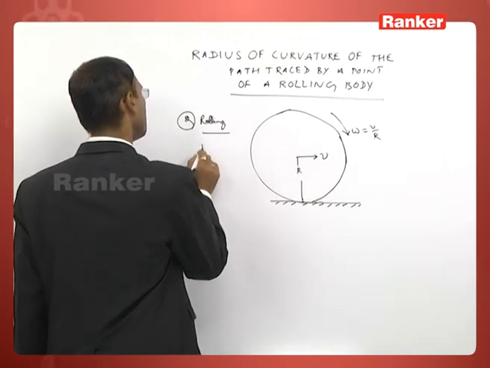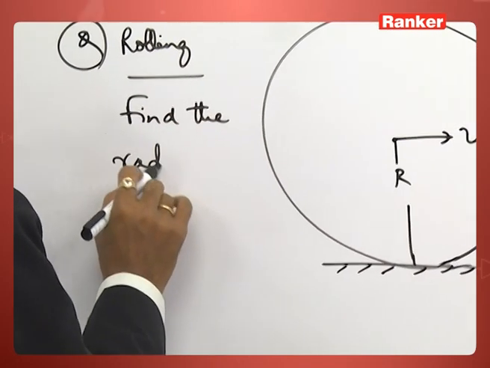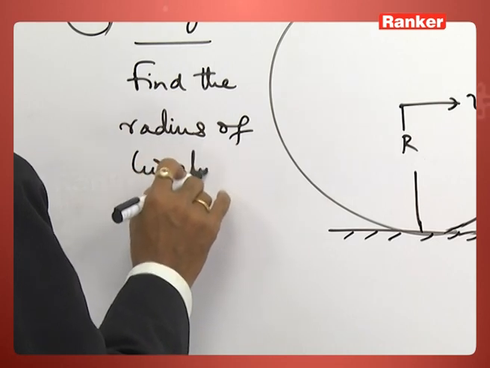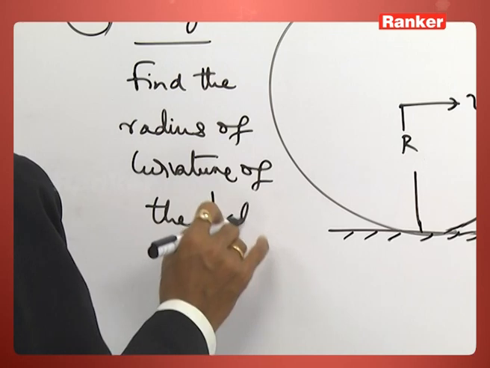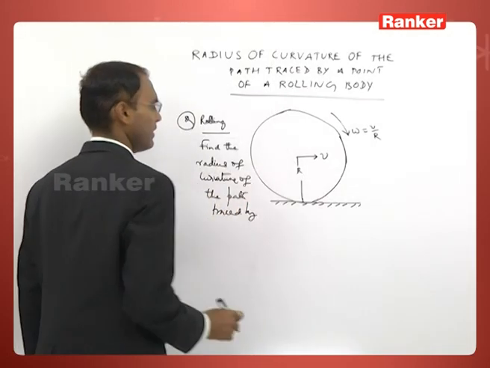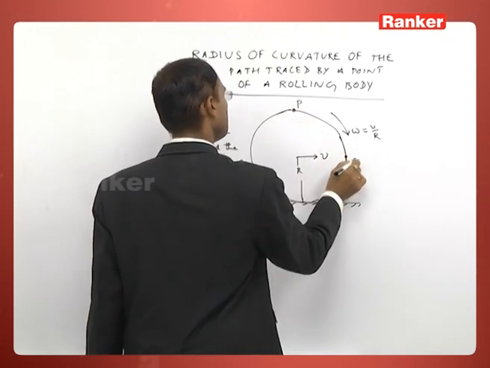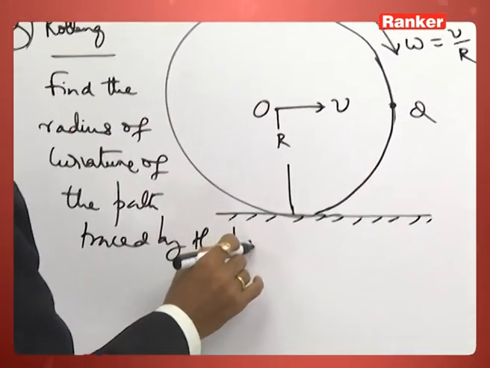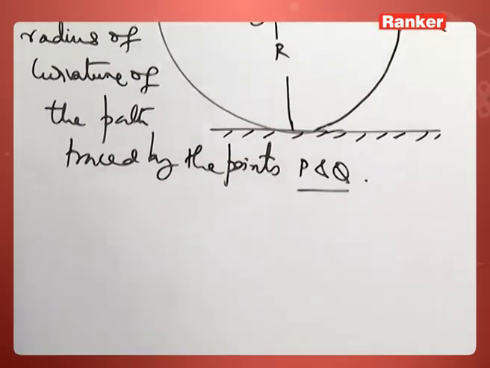The question is to find the radius of curvature of the path traced by points P and Q.